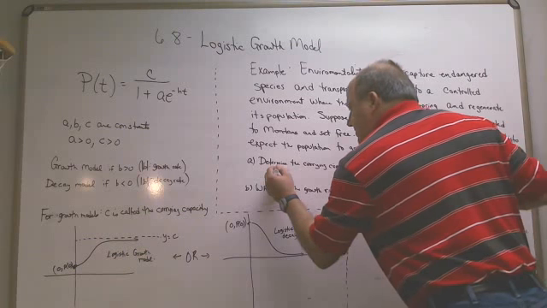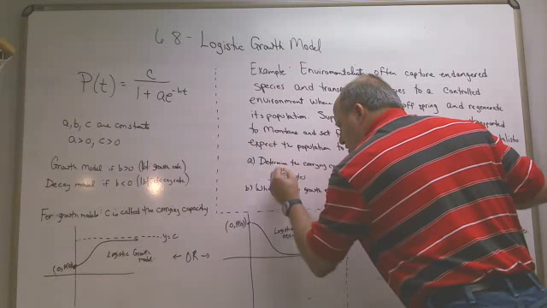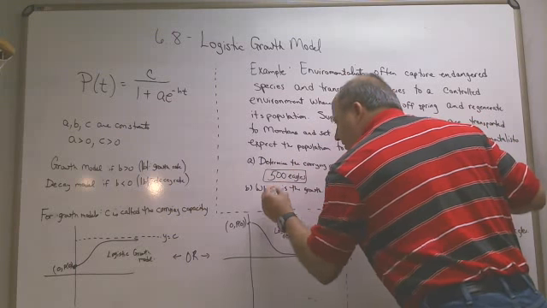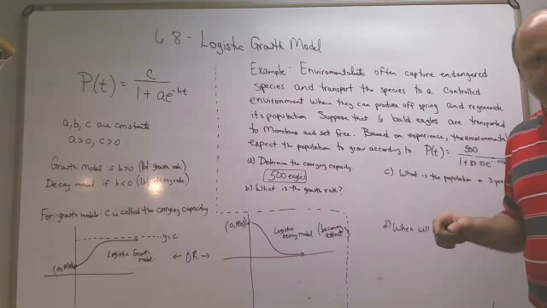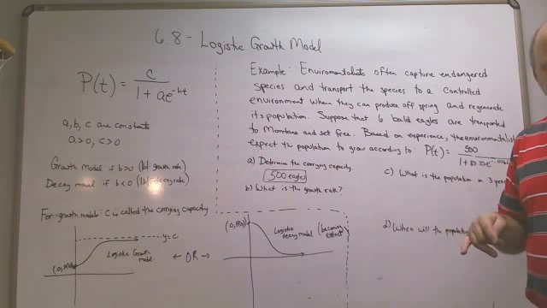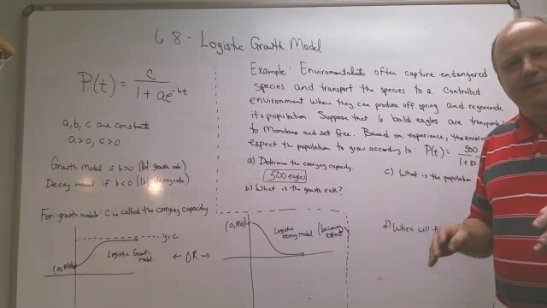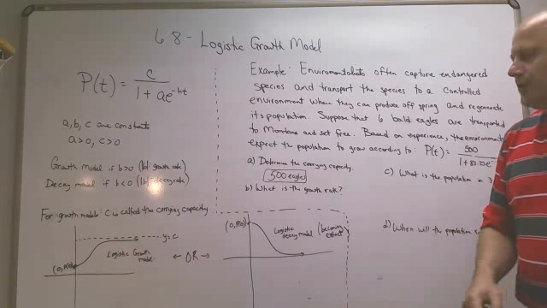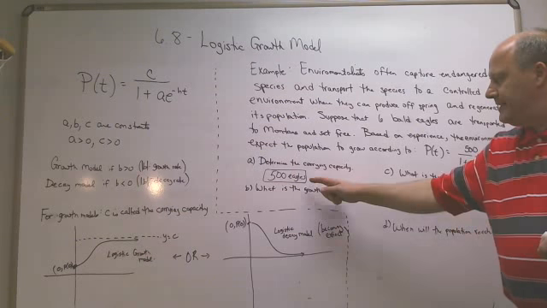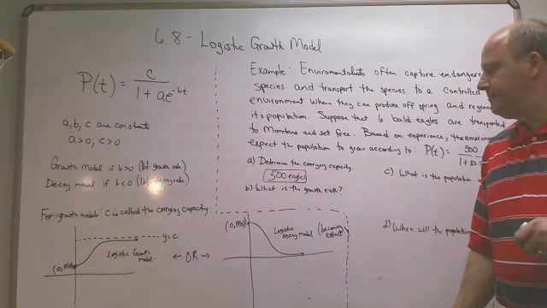What that means is we can't grow any more than 500 eagles in this area. In theory it can, but what they'll probably end up doing is once it reaches 500, they'll start taking those eagles and bringing them somewhere else. But in this particular example, 500 eagles is what it can carry.